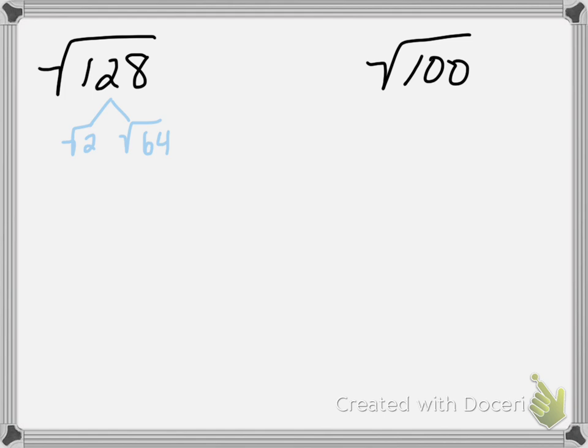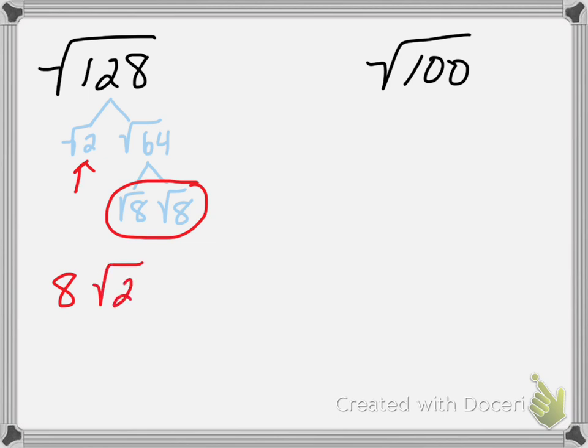Oh, look here, 64 is a perfect square. That is radical 8 by radical 8. I can go back and see there are 2 radical 8's, so they come out as an 8. The 2 is left over, so it's got to stay in. Once I break these numbers down, like the 64 into radical 8 and radical 8, it's now gone. The 128 I broke down into radical 2 and radical 64, it's now gone as well.